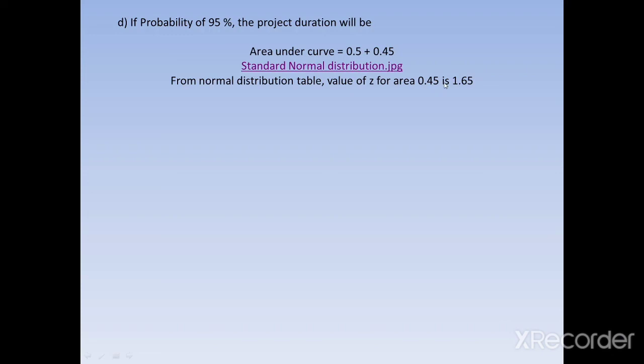Here it is 0.45, so we consider the area under the curve as 0.4505, because the earlier one is 0.4495, and the Z value for that is 1.65.